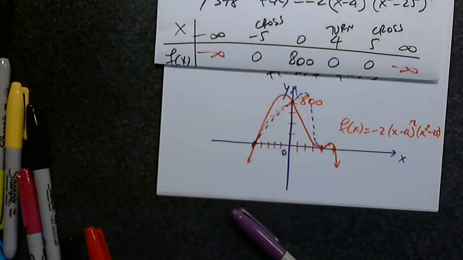So let's go to the graphing calculator, delete everything you have in there, and put in parentheses, -2, and then parentheses, x minus 4 squared. And then also parentheses, x squared minus 25. Okay, now I have to think a little bit about the viewing window. I already have graphed.